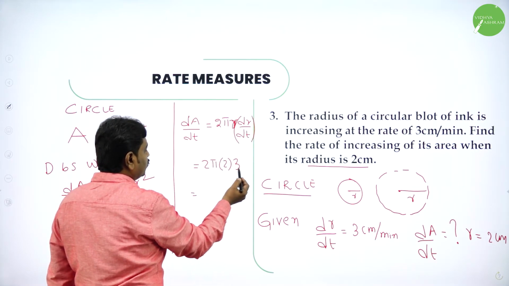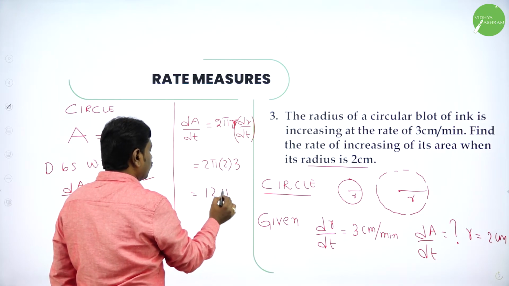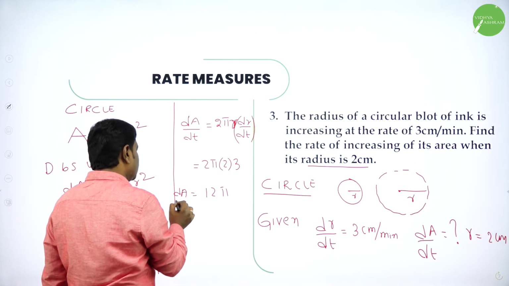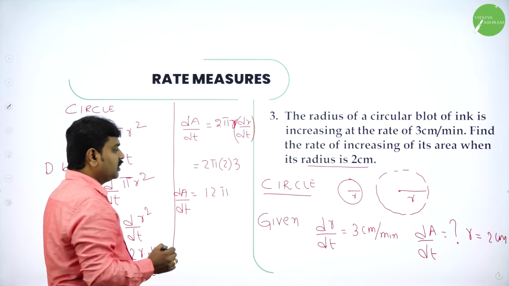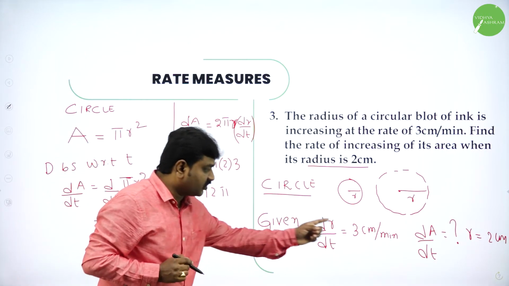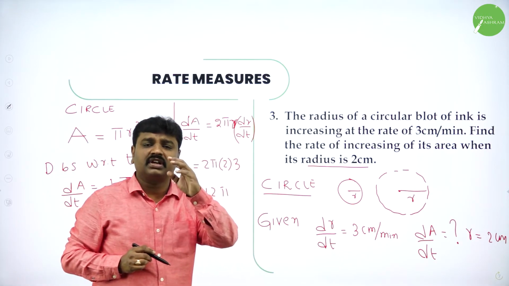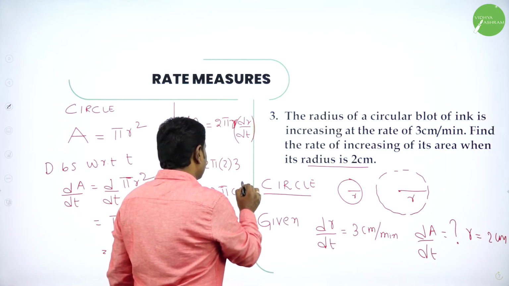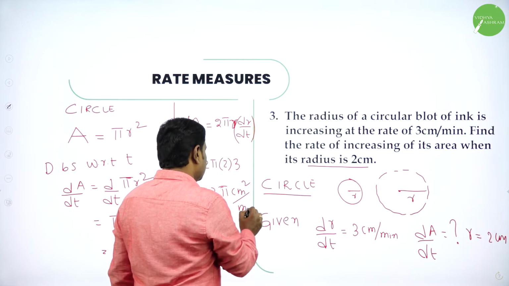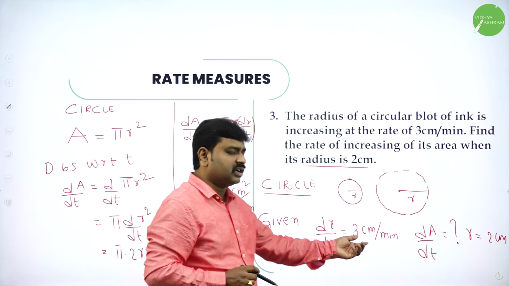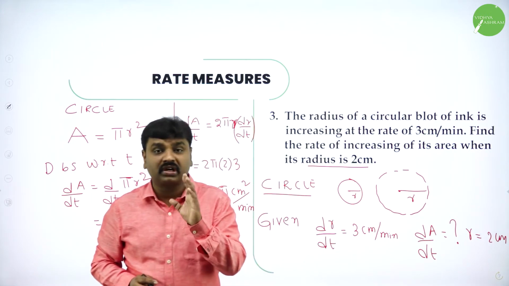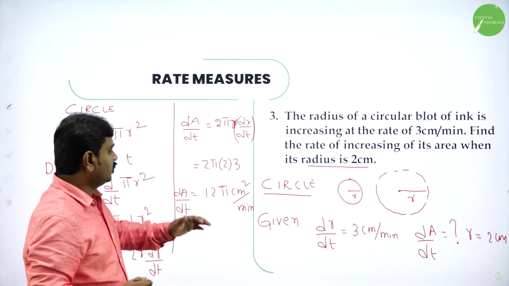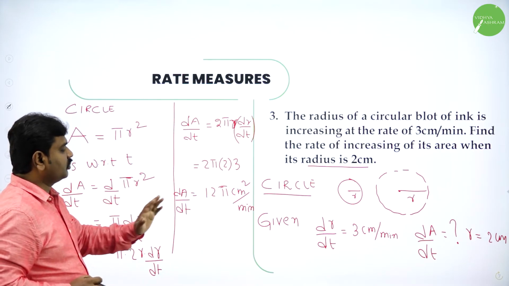So 2 twos are 4, 4 threes are 12. 12 pi you got. What is dA by dt? 12 pi. And if the radius is measured in centimeter, area is measured in centimeter squared. So the area rate is centimeter squared per minute. See, the first case is in per minute, so this also should be measured in per minute. Don't convert the time. So centimeter squared per minute. So you got the answer.